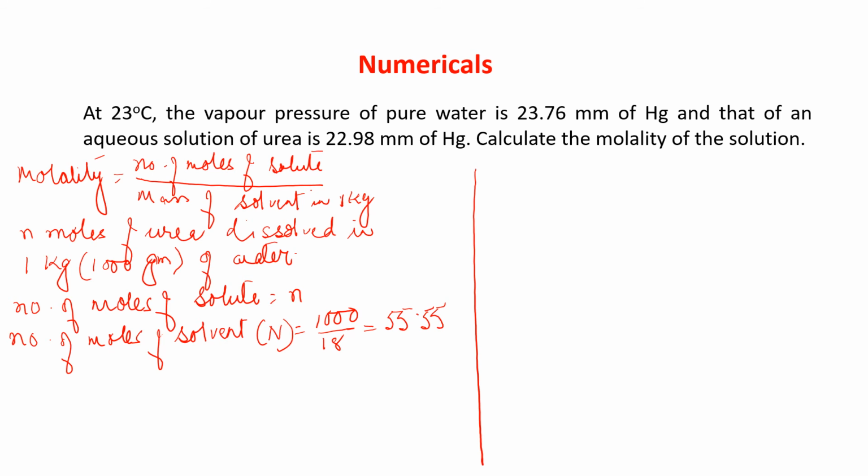What is given here, 23.76 millimeter of mercury at 23 degrees centigrade, is the vapor pressure of pure water. So I can write P naught is equal to 23.76 millimeter of mercury.